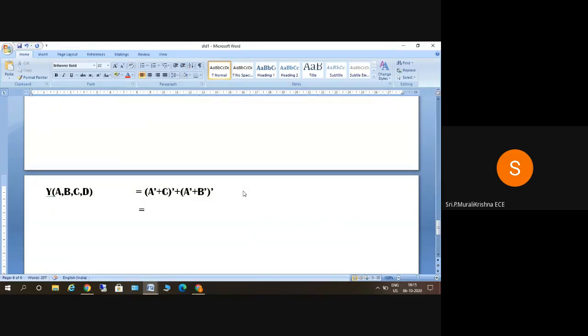So it is nothing but A bar whole bar, that is A, plus A into C bar, plus (A bar plus B bar) whole bar.